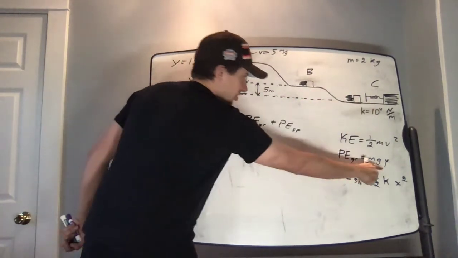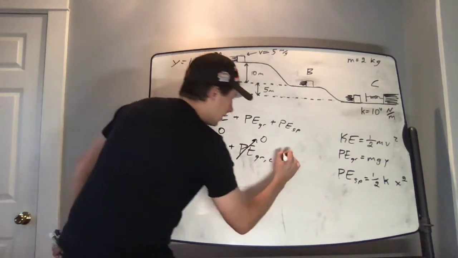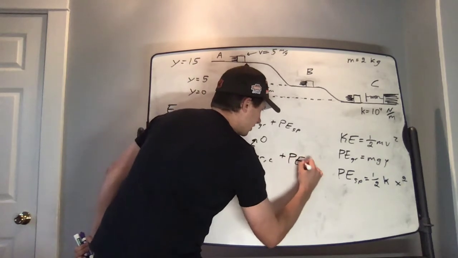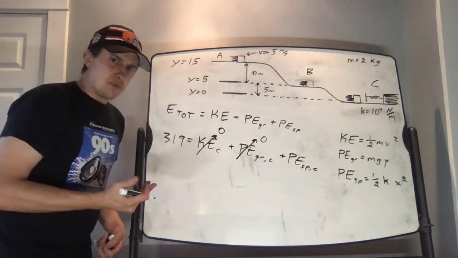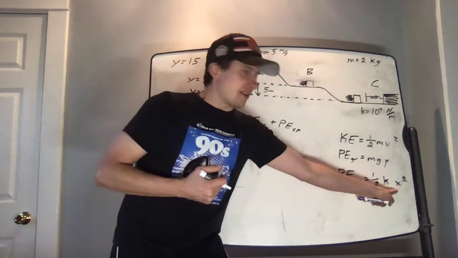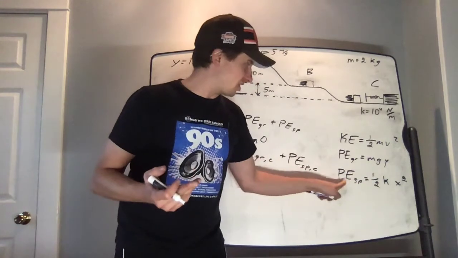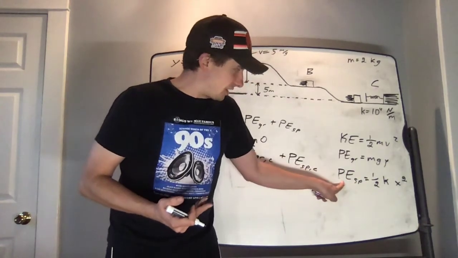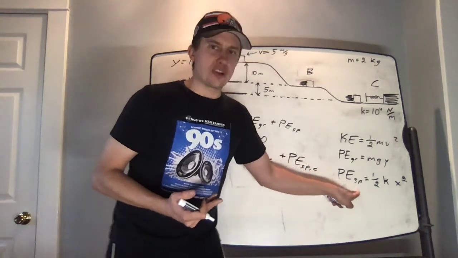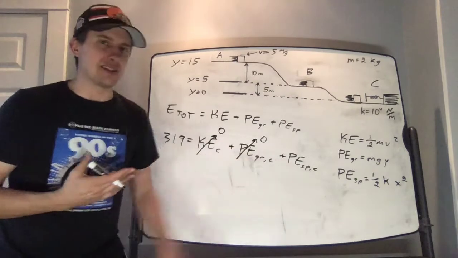So the potential energy due to gravity will also be 0, plus the potential energy of the spring at moment C. At this moment, the spring will have a non-zero compression, and the spring does have a spring constant, so this term is going to be something that is non-zero. And specifically, the potential energy of the spring will be the only type of energy that is non-zero.